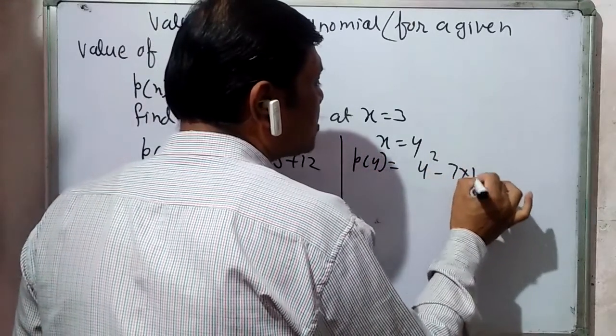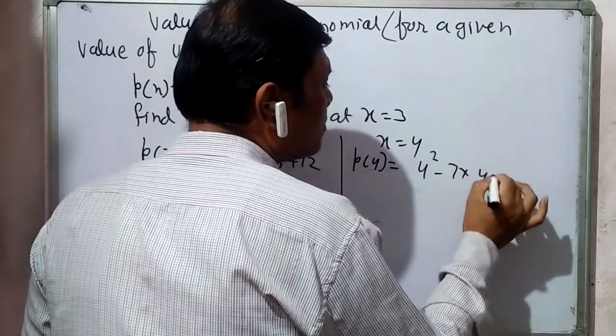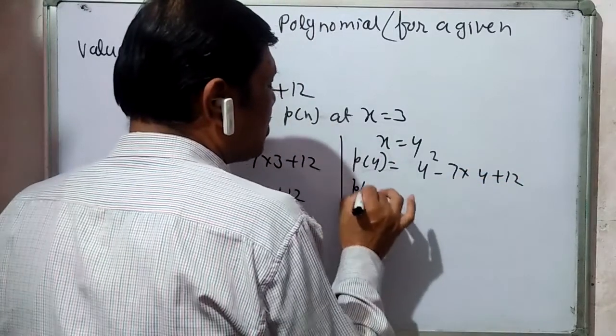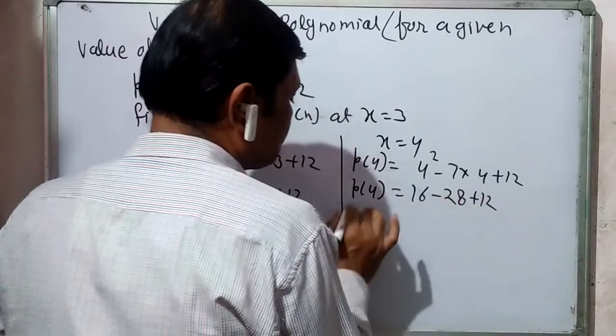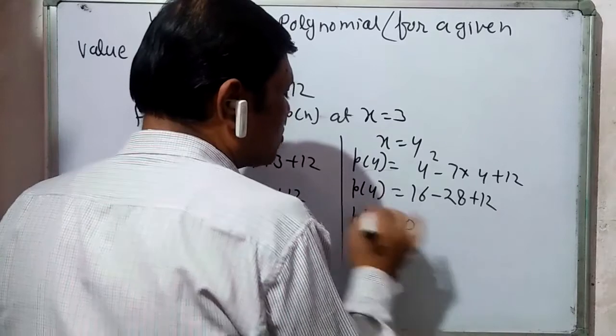4 square minus 7 into 4 plus 12. That will give us 16 minus 28 plus 12. So p(4) is also 0.